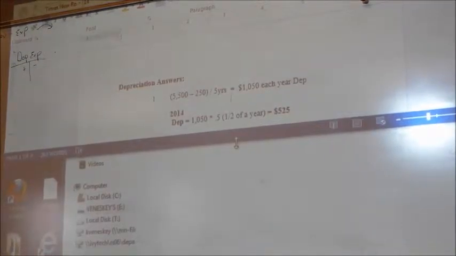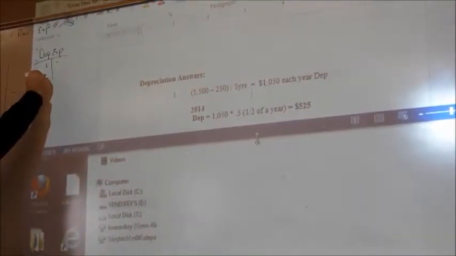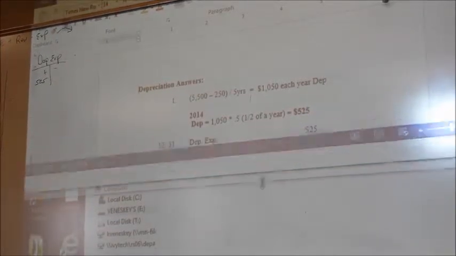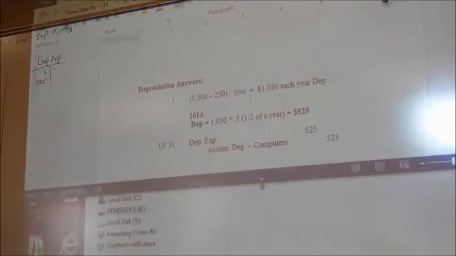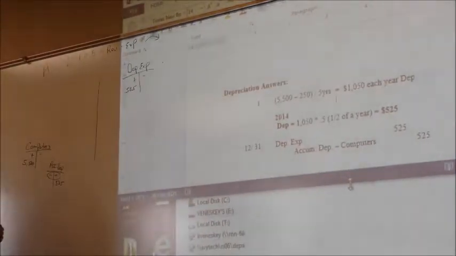But we didn't use it for a year the first year. So my journal entry, your final answer there would have shown your journal here of $525, debit to the depreciation expense, credit your accumulated depreciation.